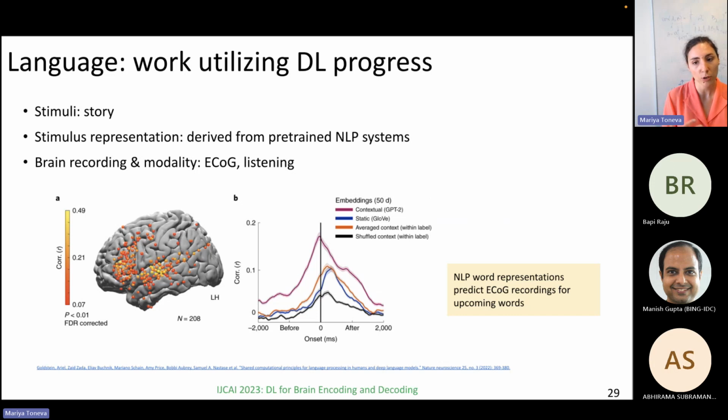They're making a statement that the brain is also possibly predicting what's going to come next, and this prediction is what aligns the model to the brain. There has also been more follow-up work since then, showing there are other mechanisms of alignment as well, in addition to this prediction. But this prediction does seem to explain a substantial amount of variance in the ability of language models to predict the brain.